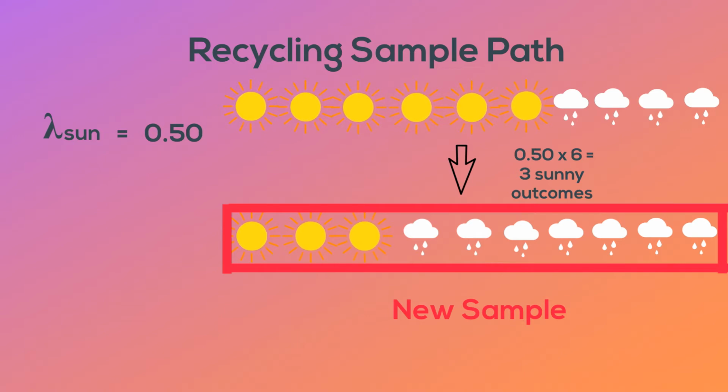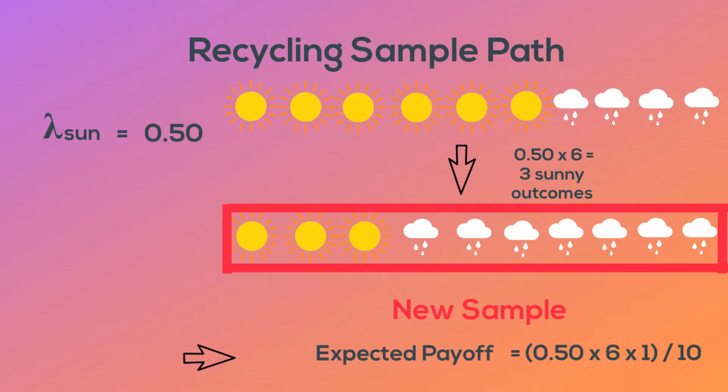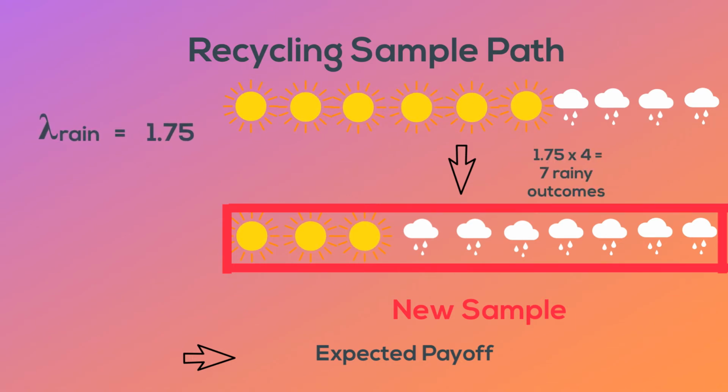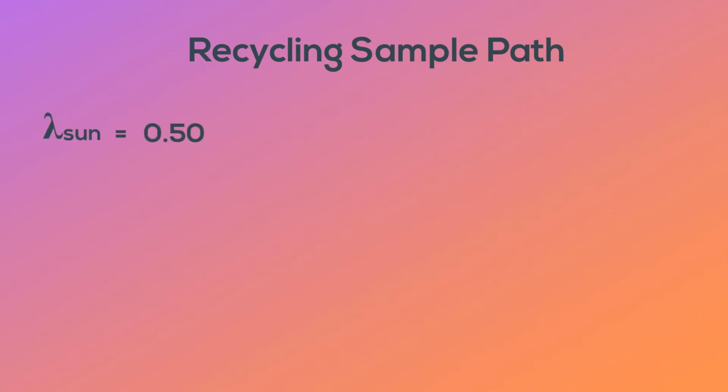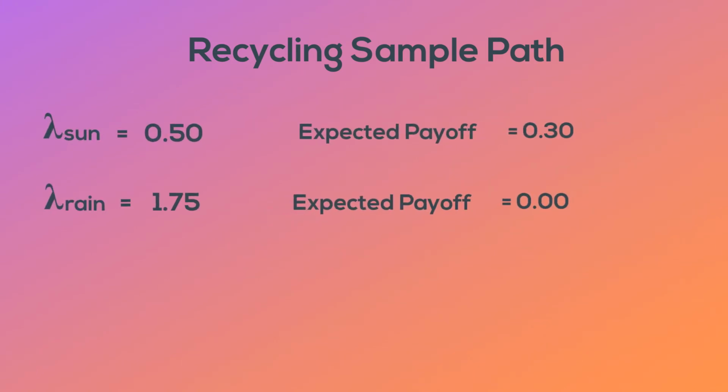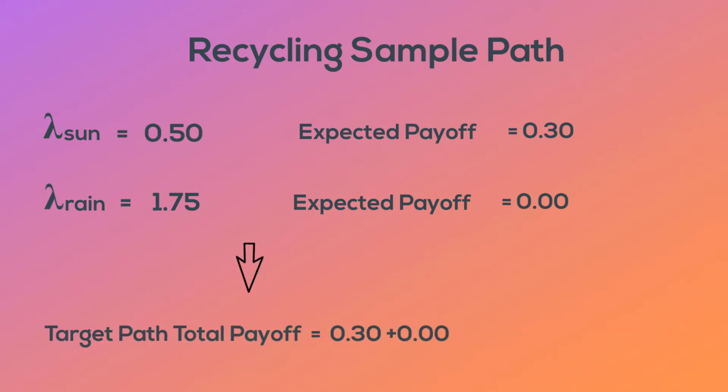Using the outcomes in our sample, we multiply the lambda sun with the payoffs that we get if it is sunny. We do the same for the payoffs if it is rainy, using lambda rain for those outcomes. Summing up all the outcomes and taking the average, we get an expected payoff of 0.3 for the target path.